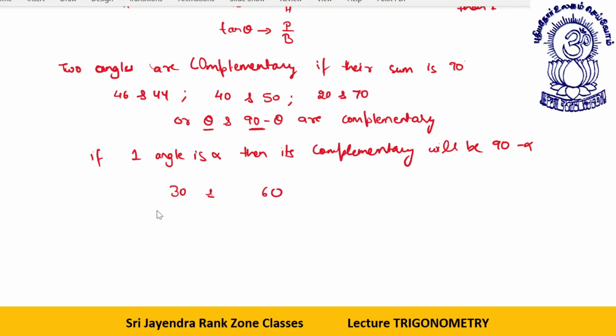Then we have something like sine 30. Sine 30 has some value, that is half. I will come to it, how these values come. This sine 30 will be equal to the complement, 60. I have complemented 30, and I will complement this sine also to get a value equal to 30.